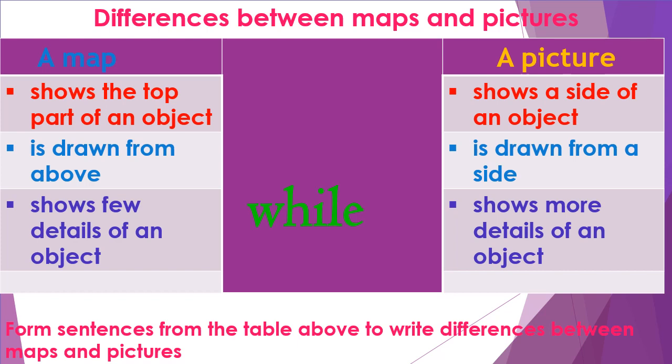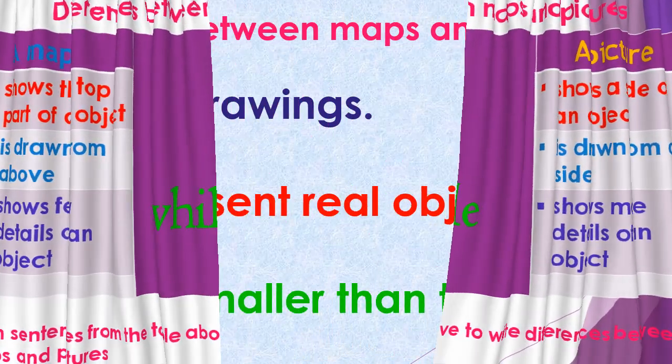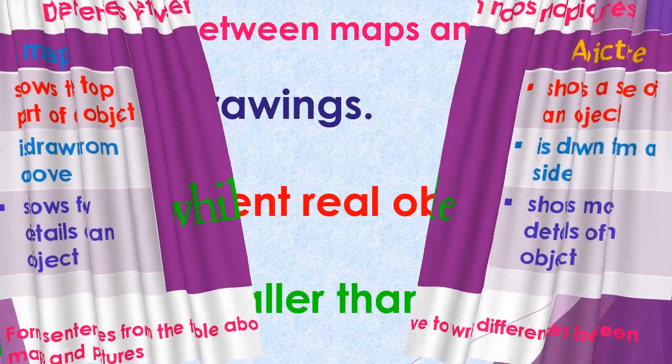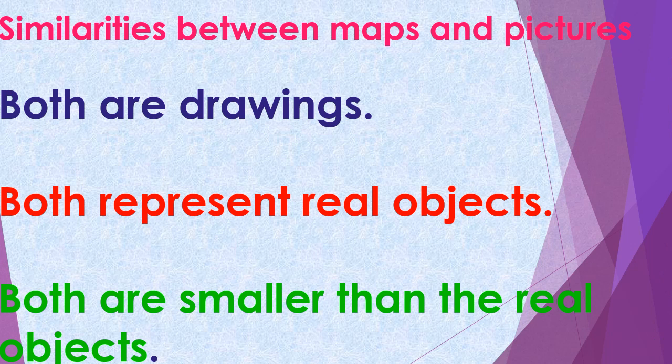After looking at the differences, let's look at the similarities between maps and pictures. Unlike differences, similarities mean things that are the same, things that make maps and pictures the same things.